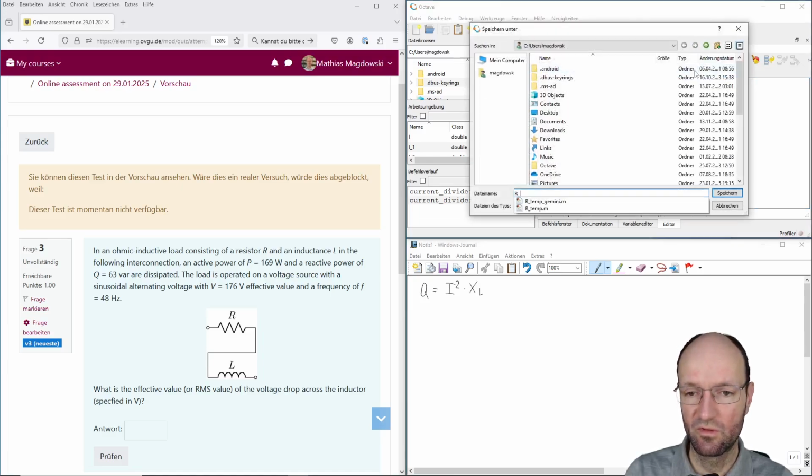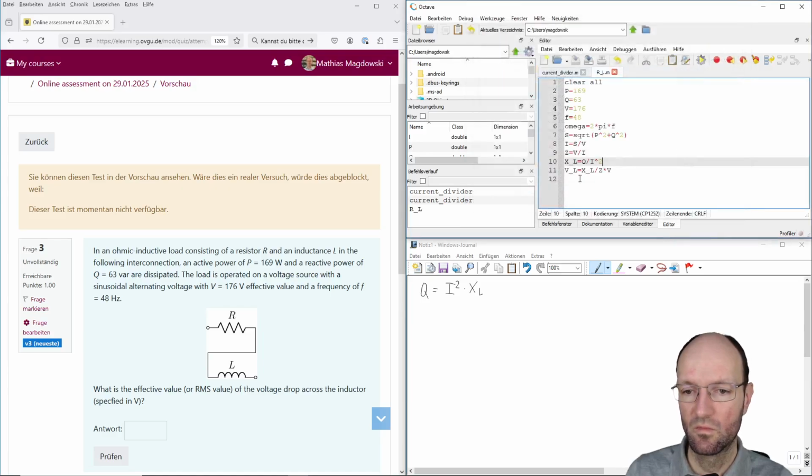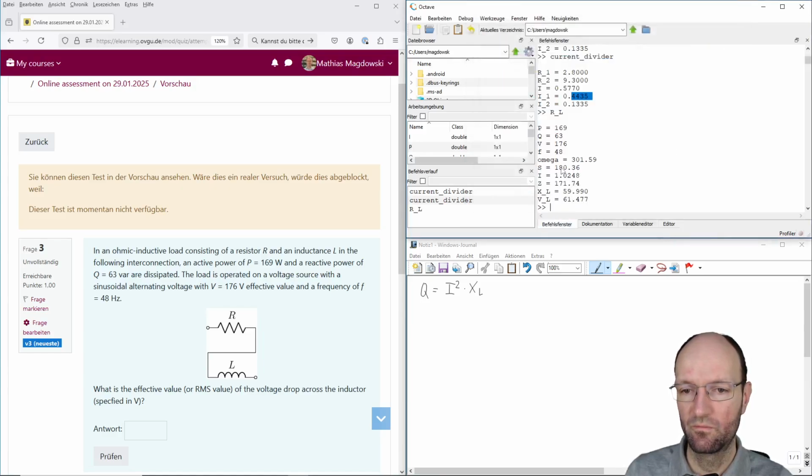So I will call this RL, and then we can see, okay, we get this as the angular frequency. This somehow makes sense. 180 volt ampere for the apparent power, approximately 1 ampere of current.